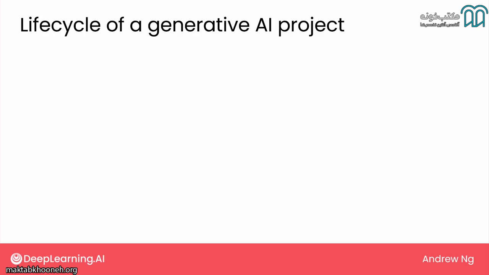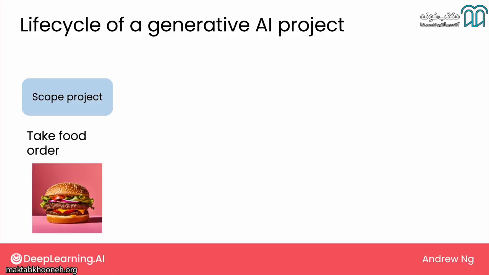Just to walk through a second example of the lifecycle of a generative AI project, let's look at what building a system to take food orders might look like. Say you decide to scope a food order customer service chatbot to take orders. What you would do is start by building the system and quickly throw together a chatbot to take food orders.